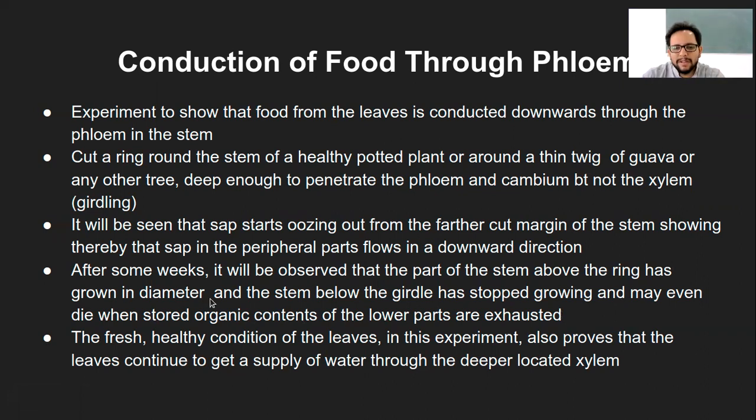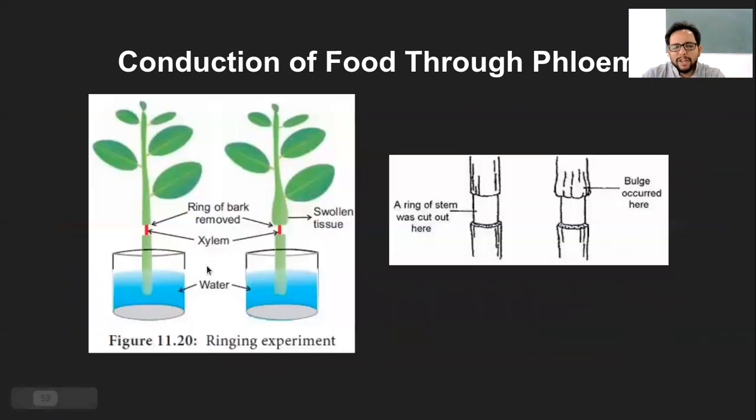What this statement means is, when you keep this plant for some weeks, the food will be synthesized and it will keep flowing down, but it will accumulate at this region because there is no contact of the phloem to the lower portion of this stem.